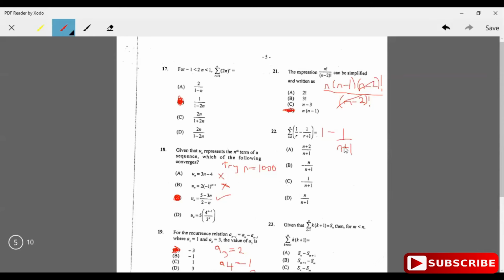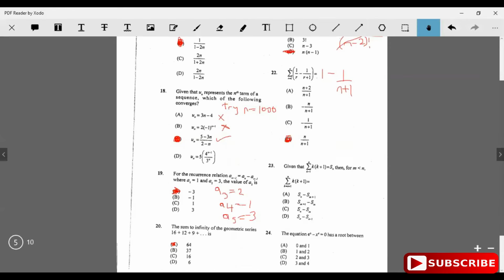Yes, 21 and 22 is dog. So you see the same question. Only thing is that the last time they asked for the limit, and this time they just ask you for the sum. Same question.